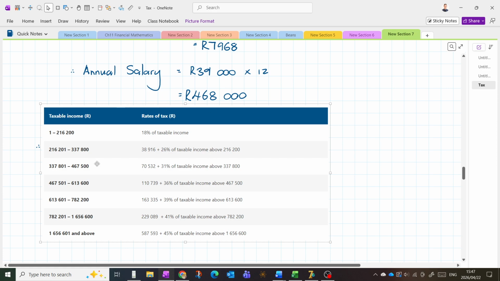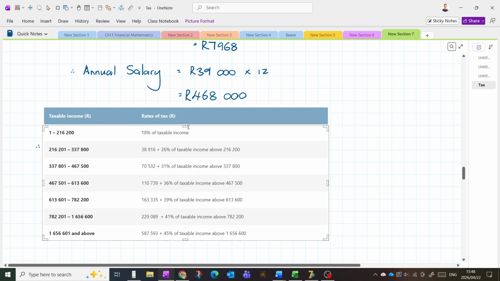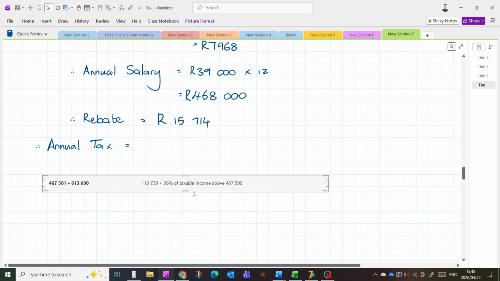468,000. That is going to fall just over the third bracket. So that's going to end up in this bracket. I wonder if I can crop this. Yes, it's going to allow me to. So let's crop it. It's going to fall here into this bracket. And let's actually just make it smaller.